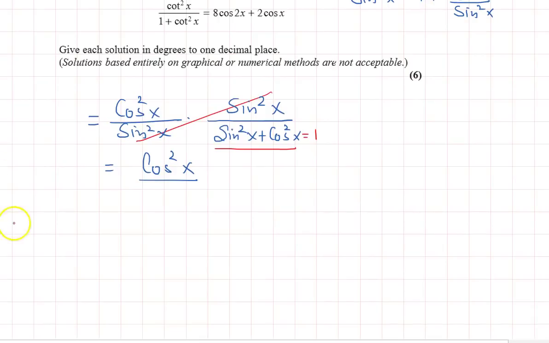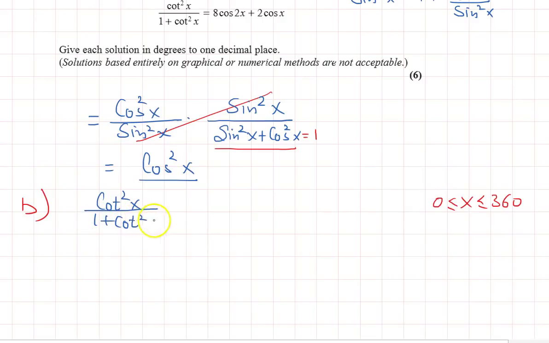Part B is: hence solve for x from 0 to 360, where cot square x over 1 plus cot square x is equal to 8 cos 2x plus 2 cos x.